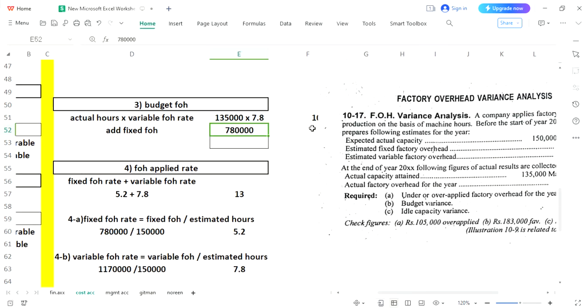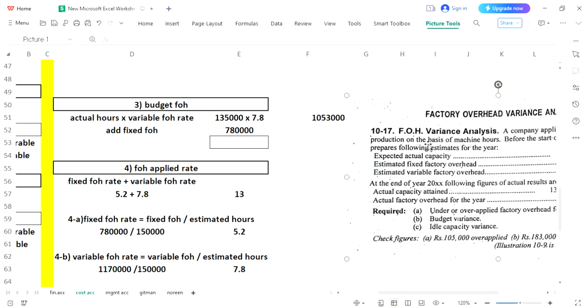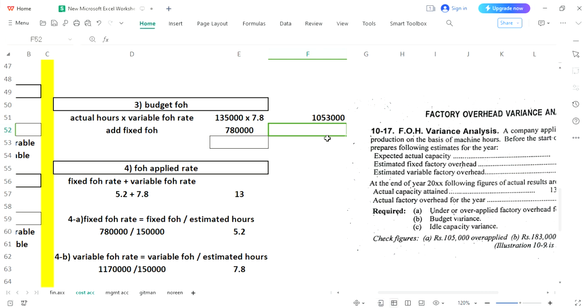So here was your actual hours multiplied by the variable FOH rate, which was 1,053,000, and then you need to put 7,80,000, which was your fixed FOH, and finally you will add both amounts, and this way you have calculated your budget FOH.